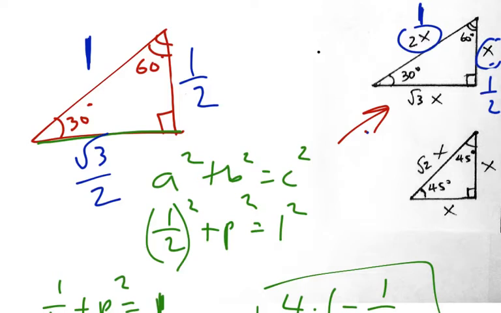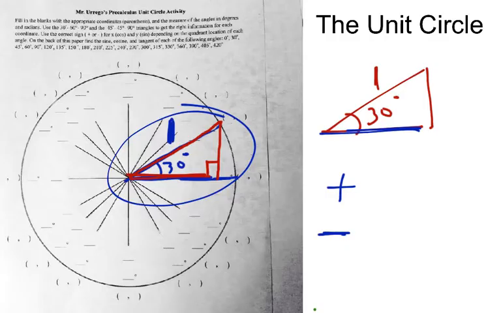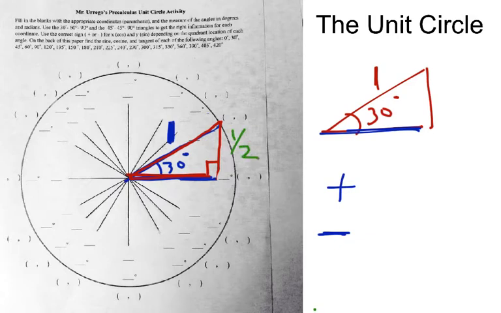So let me bring that to the previous graph. The opposite is 1/2, and this bottom is square root 3 over 2. Let's erase this circle. Okay, and like I said, let me erase this little piece, and I said this is 1/2, and this bottom is square root 3 over 2.